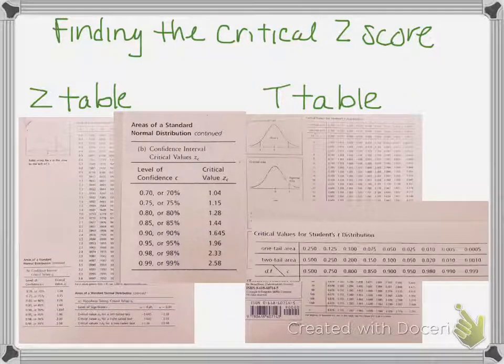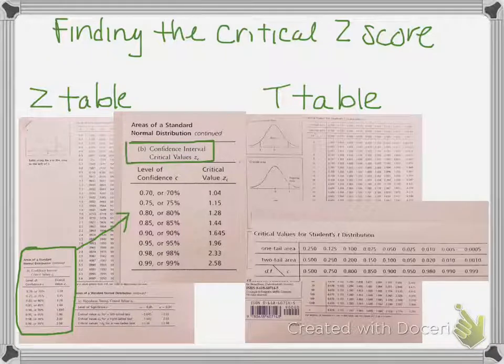So in a Z table, you might find it in a separate area off to the side, on the left-hand side. In this box here, I've made it a little bit bigger so you can see. It is called confidence interval critical values ZC. So these are your Z-scores for your confidence intervals.